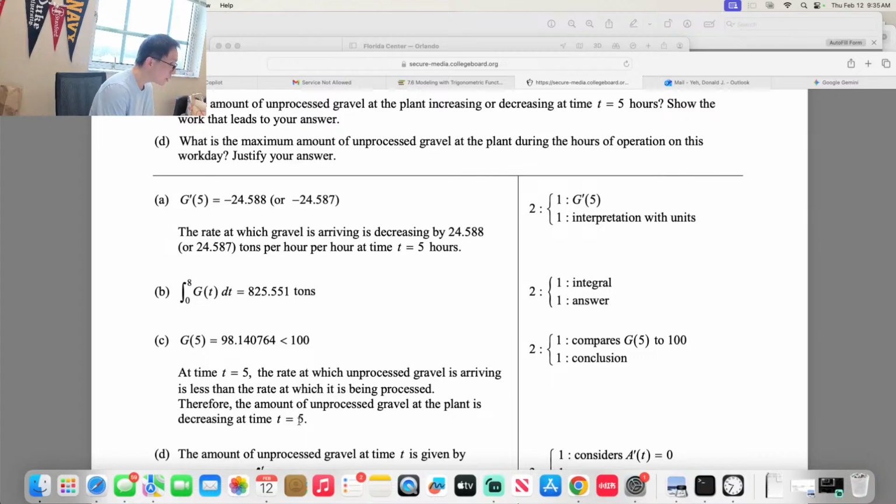For C, there are 2 ways to do it. There is average acceleration, so it's change in velocity over change in time. So v of 6 minus v of 1 over 6 minus 1, and you get negative 0.28. Now, some people may do it this way.